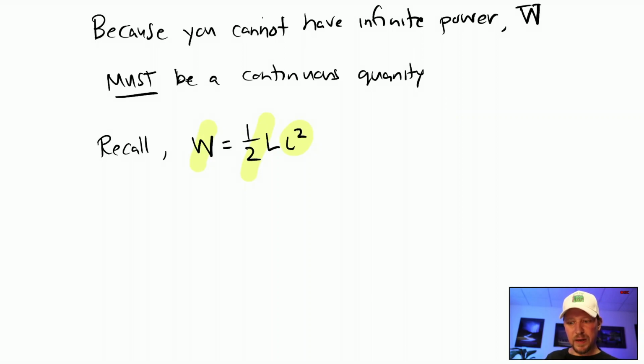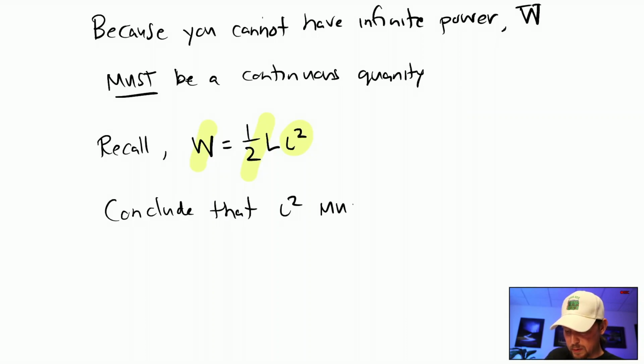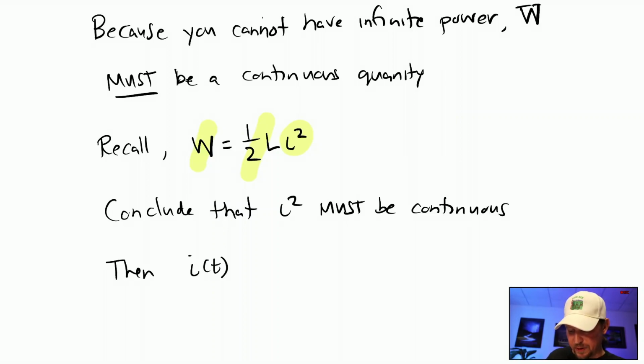So from the result of how these inductors store energy, we can conclude that I squared must be continuous. And if I squared is continuous, then I, which is a function of t, must be continuous as well.